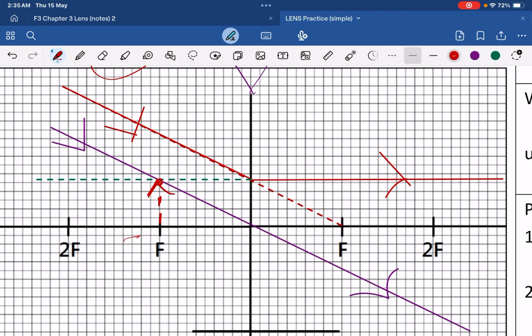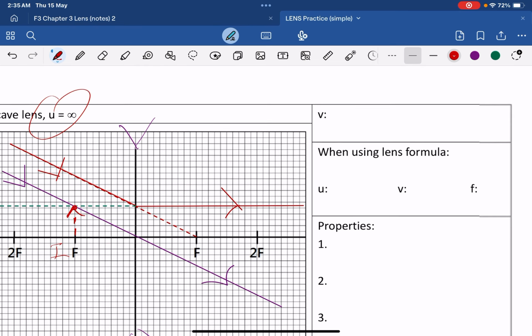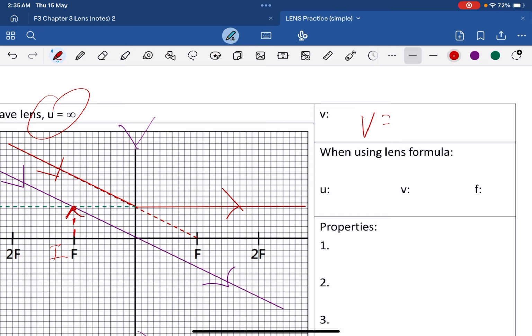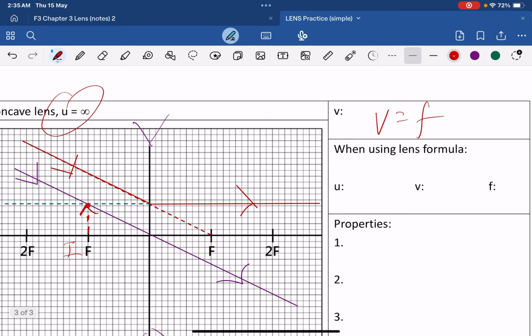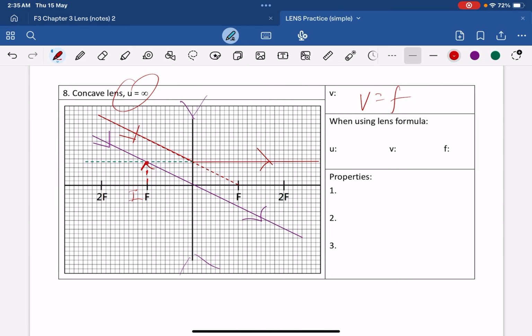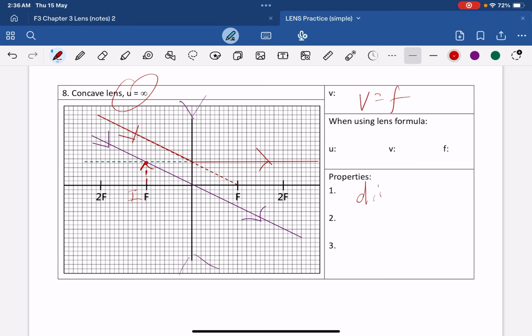So this is the image I, at F. And also it will be diminished, virtual, and also erect. It's pointed up, right? Erect.